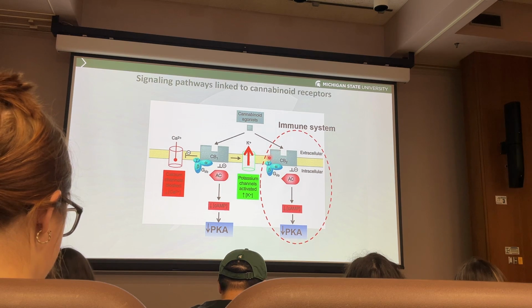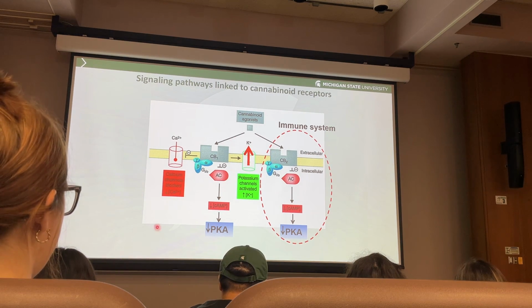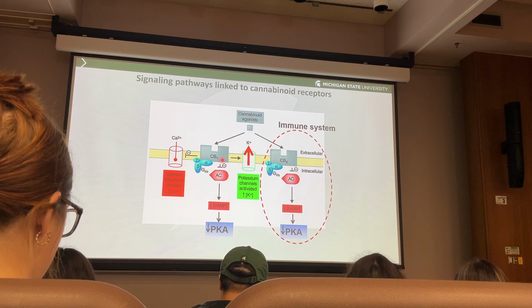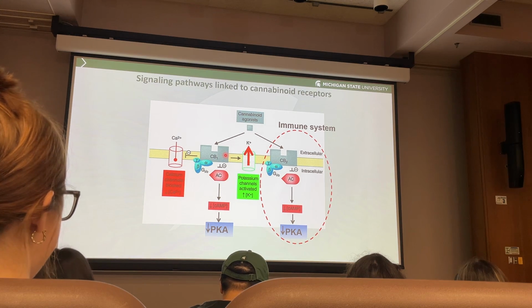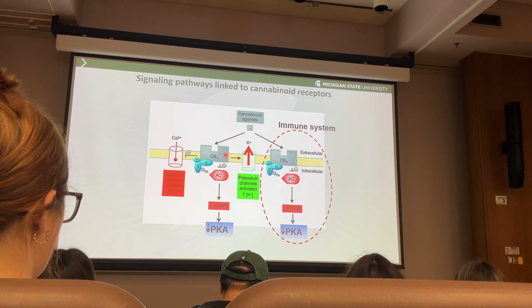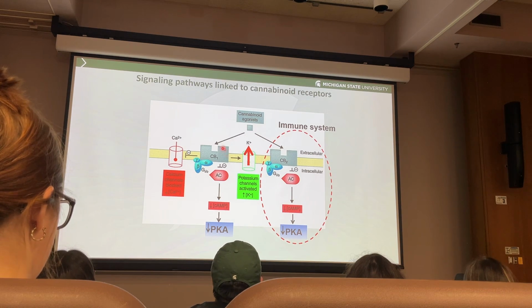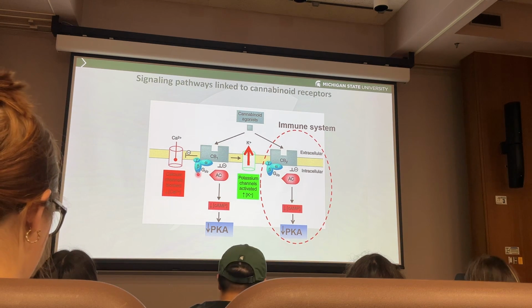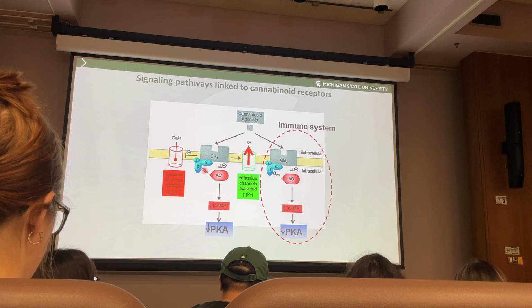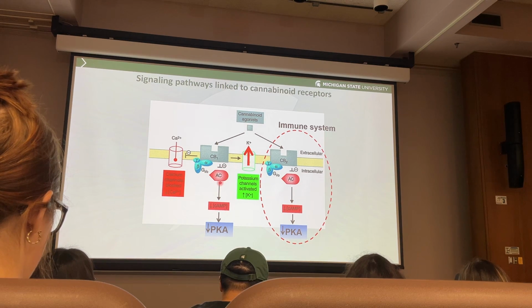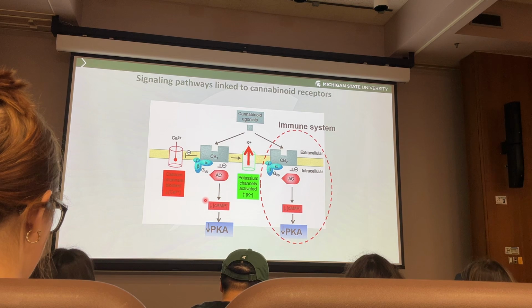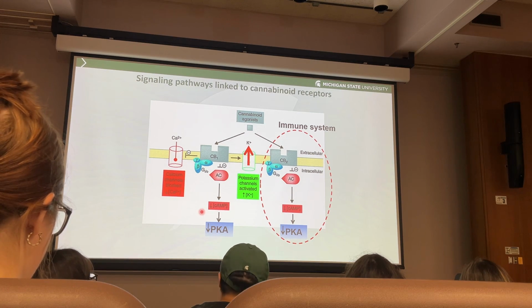We discussed last time that CB1 is the primary driver for the psychotropic effects of THC specifically, and endogenous and exogenous cannabinoids bind to this receptor with higher affinity. It being a GPCR bound to G-alpha I, it will inhibit adenylate cyclase activity, decreasing cyclic AMP levels, and then decreasing downstream PKA, or protein kinase A, activity.